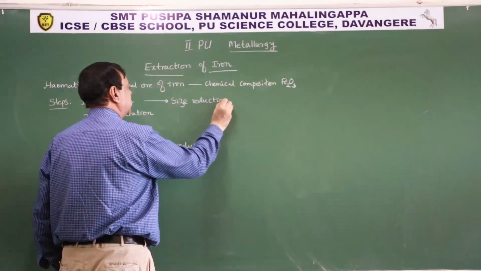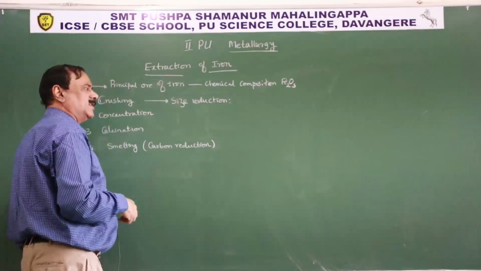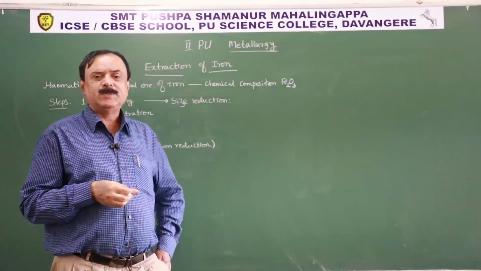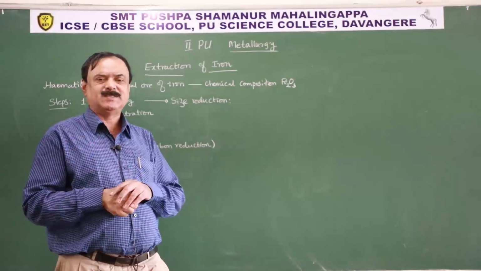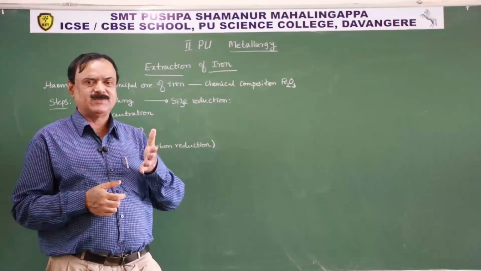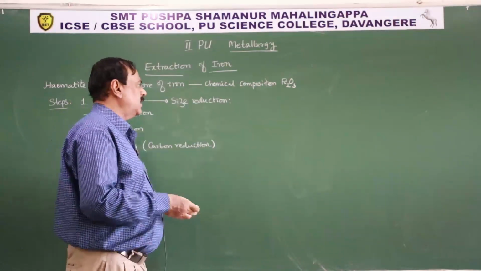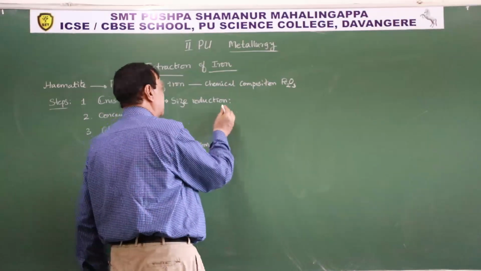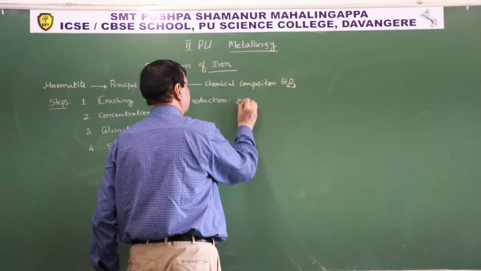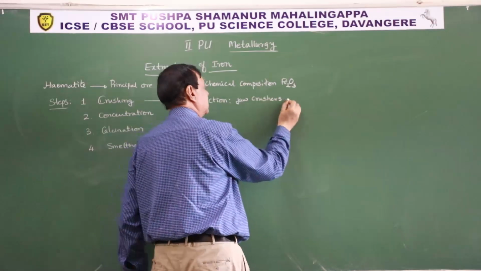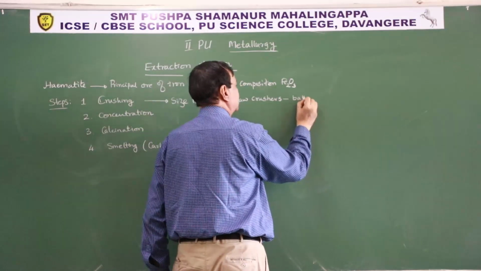Huge lumps of hematite are not used in our devices or furnaces. Therefore, they can be converted into small pieces by means of jaw crushers, and after hammering, we can convert them into powder. It is powdered in ball mills.